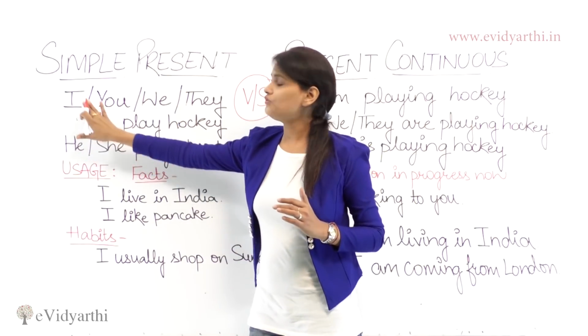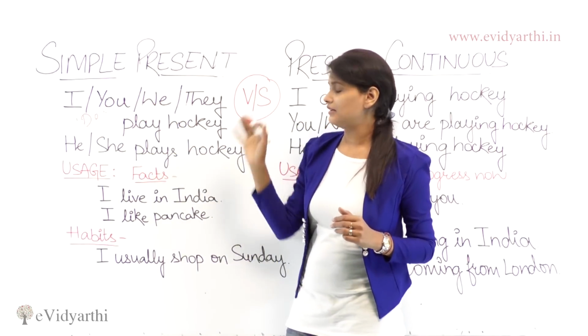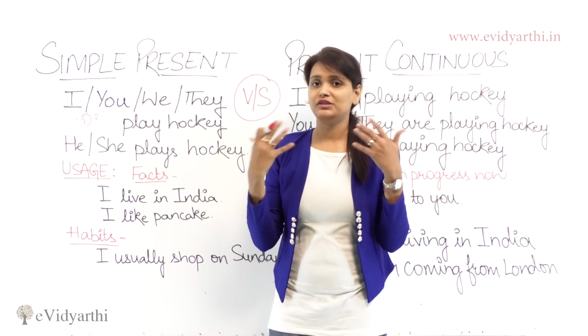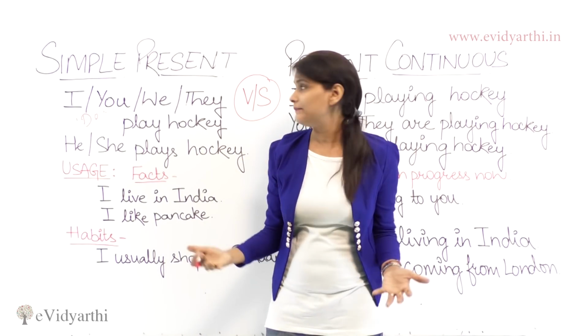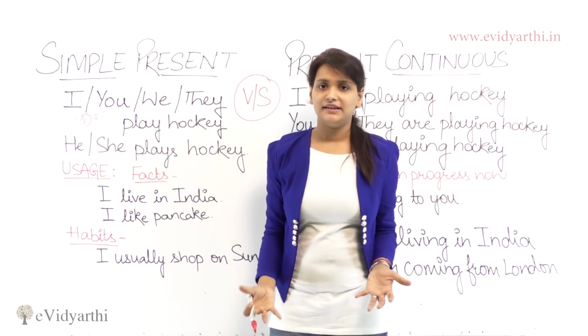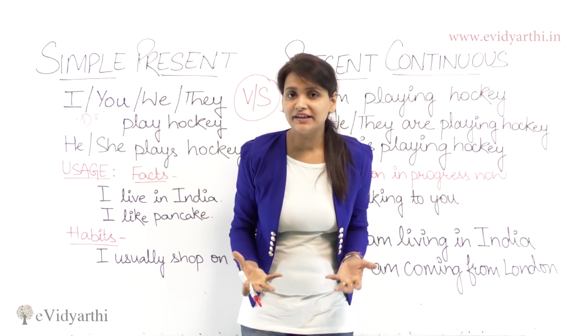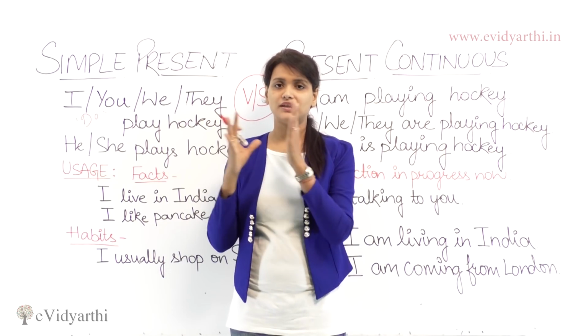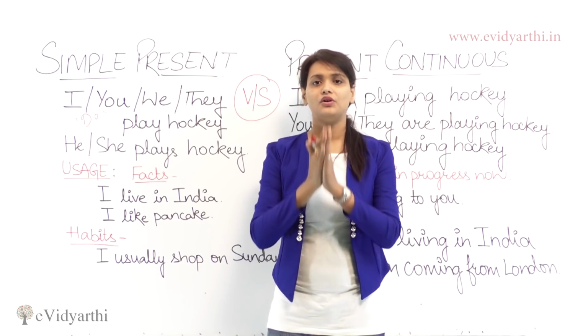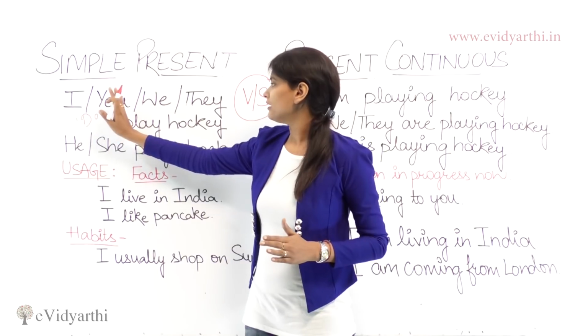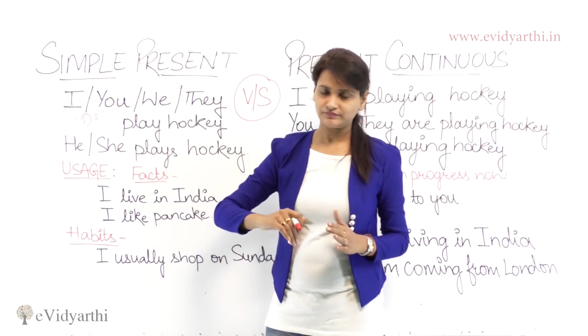So we use do with both of them and then with these. I don't like you, you don't like her, they don't like them, we don't like whatever. So we use do, or do you like her? When we make a question, we keep this auxiliary or helping verb before the subject.